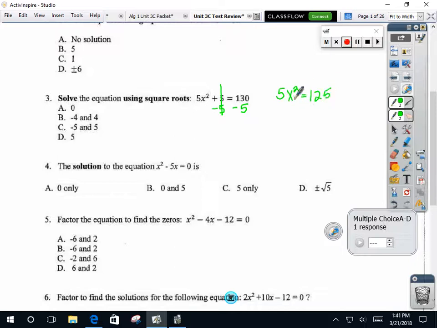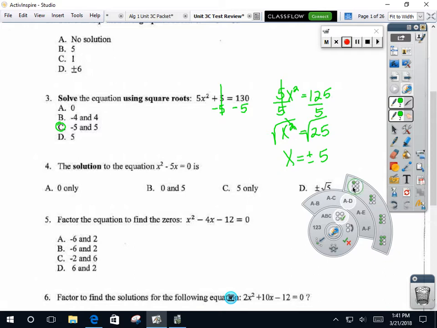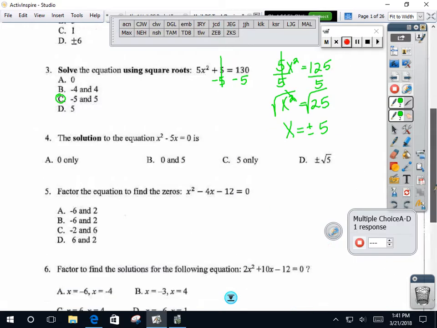Now to solve for x, I need to remove the 5, and they're being multiplied together, so to undo that, I divide. That then gives me x squared equals 25, and now it looks just like problem number 1, so I square root it. The only difference is with this answer, instead of them just writing the 5 once and putting the plus or minus sign, they literally wrote out both of them. They wrote out the negative 5 and the positive 5. Okay, submit your answer for number 4.